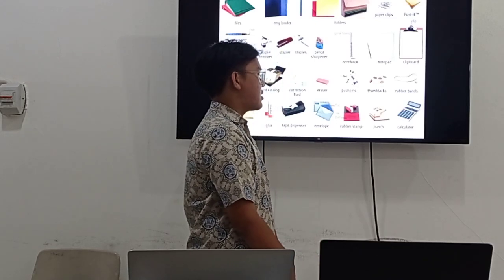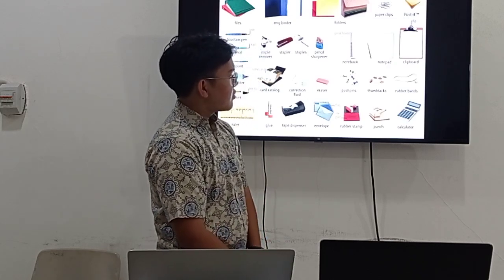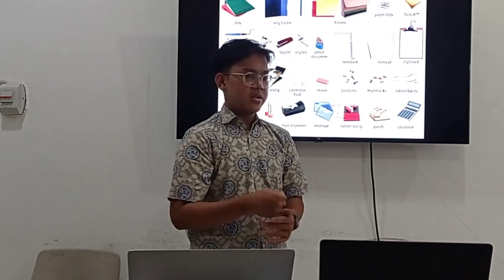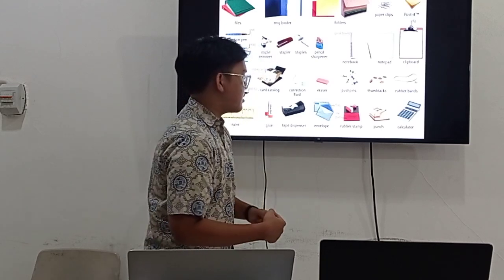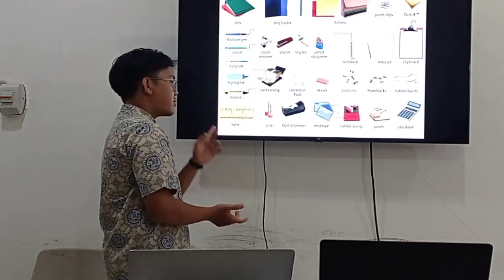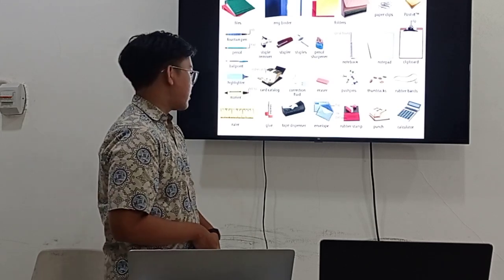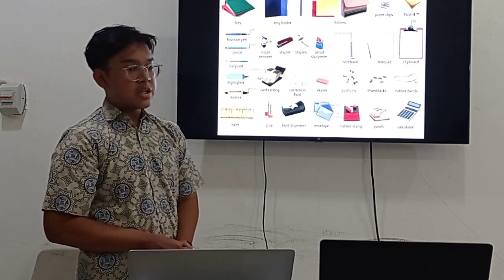And thumbtacks are not really common in stationery. We all know rubber bands are to tie things easier. And we have a ruler to measure things, and it usually comes in centimeters and inches.